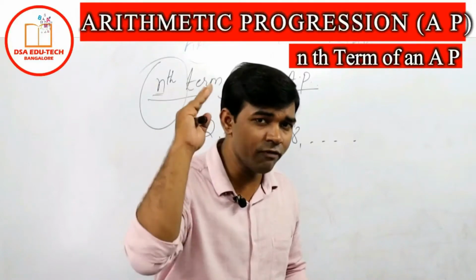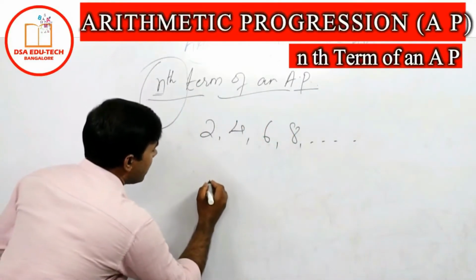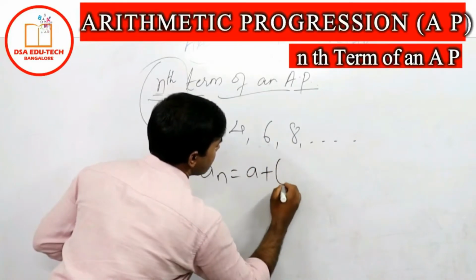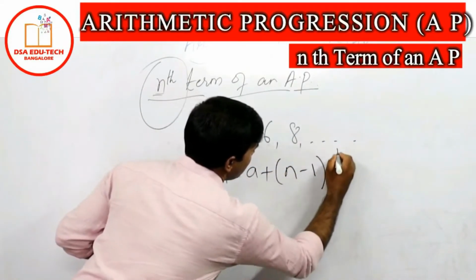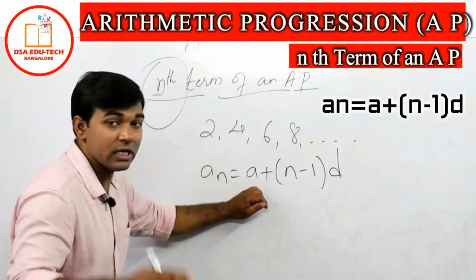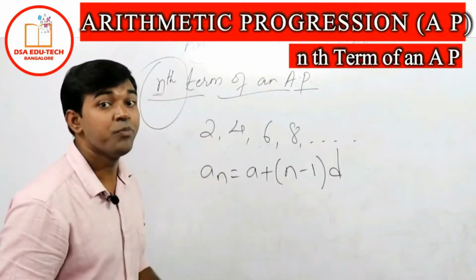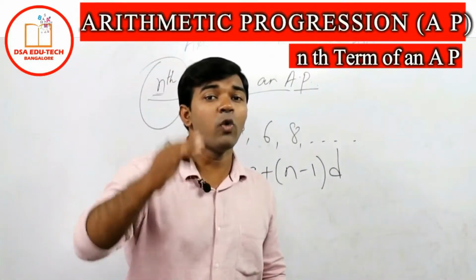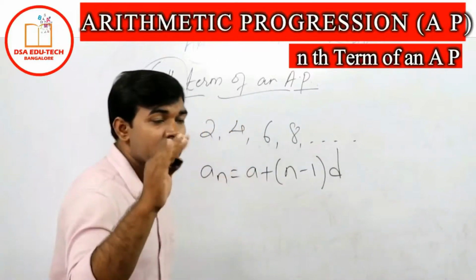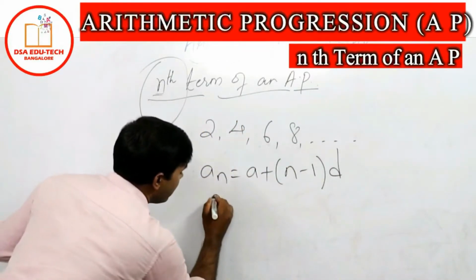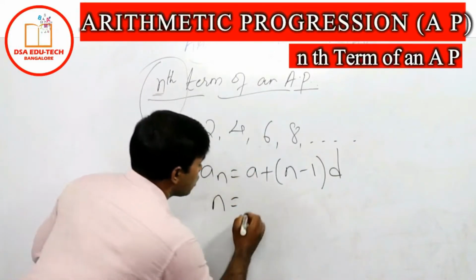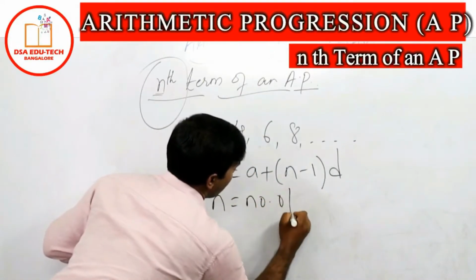Okay, cool enough? So the formula is an = a + (n - 1) d. So an = a + (n - 1) d. Now we want to know the name of each and every term that we have used. So over here, let me write n = number of terms.